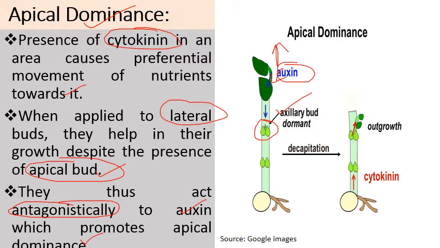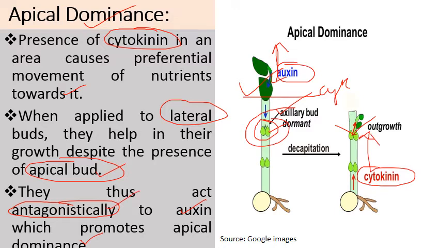But when we remove this tip or apical bud, it depletes the source of auxin, and then there is growth of these lateral buds. But when we apply cytokinin externally to the lateral buds, they can show growth even in the presence of this apical bud. So cytokinin helps in the growth of lateral buds and works antagonistically against auxin.